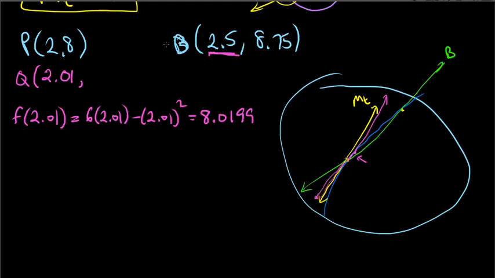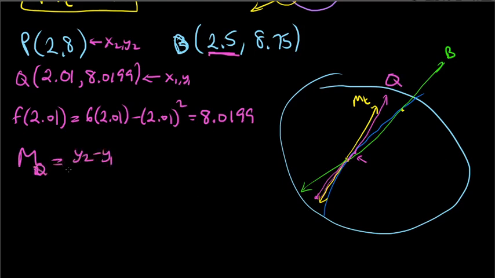Right, so let's use this as my x1, y1, and this will still be x2, y2. So now to get the slope of that line, I'll call this line Q. We use the same rise over run that we've been using here. So y2 is still 8, y1 is 8.0199, x2 is 2, and x1 is 2.01.